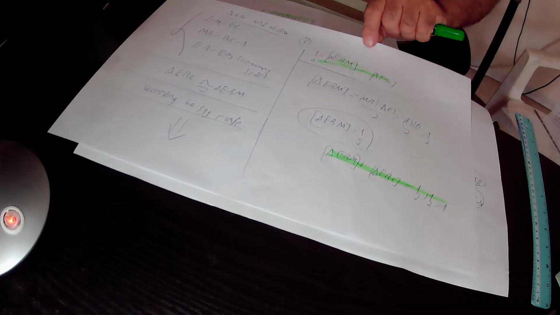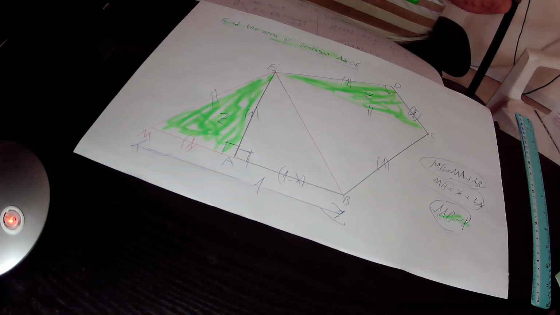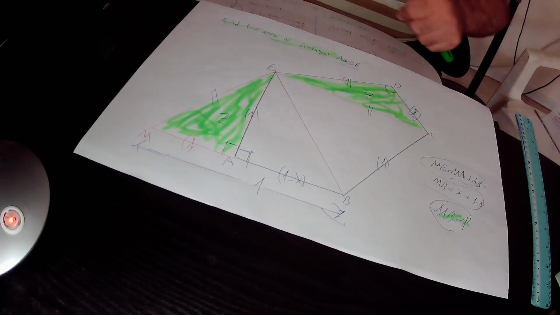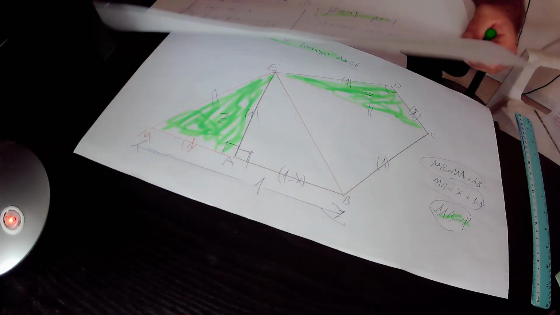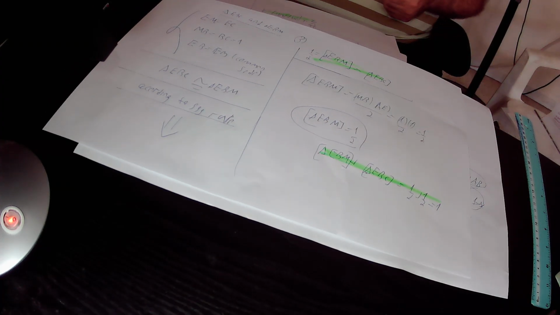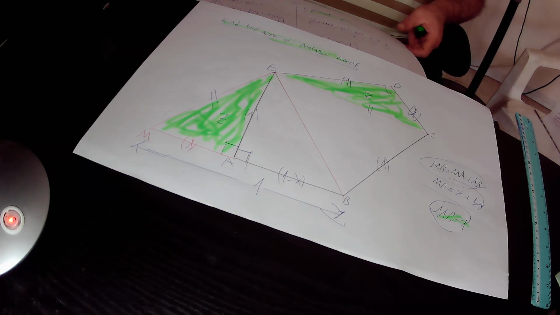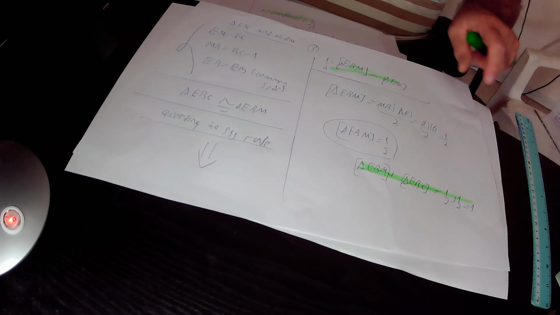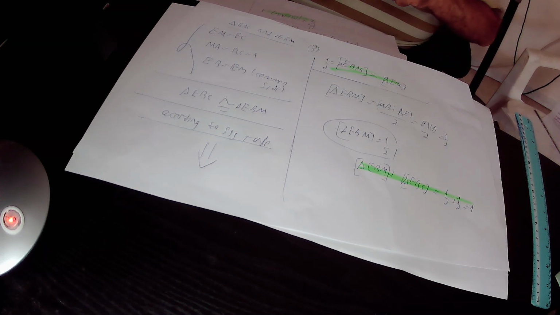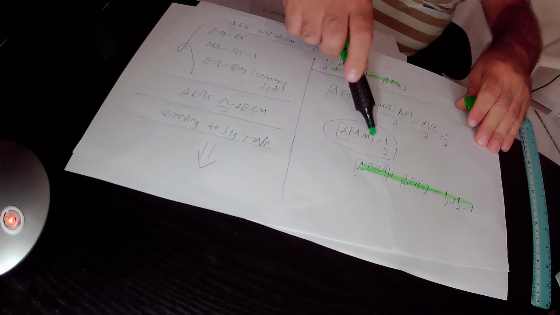MB is 1 times AE. The height AE is also 1. So it is 1 times 1 over 2. 1 times 1 is 1, and 1 over 2 is 1/2. So in total, we found out that the area of this triangle EBM is equal to 1/2 square units in its size.